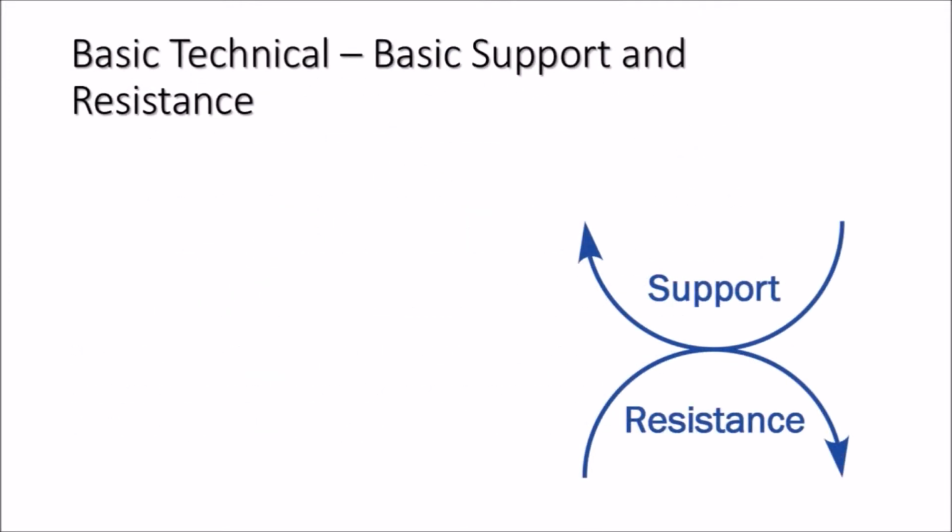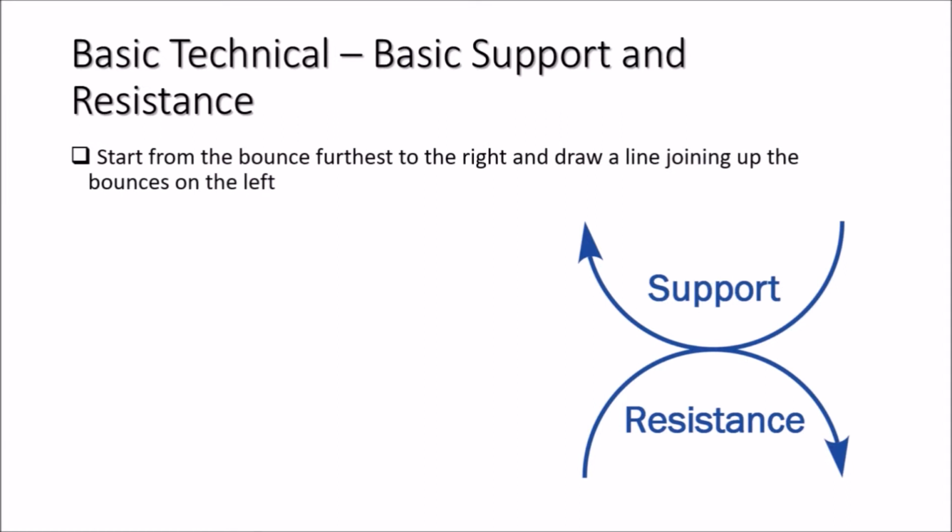Now you start to learn how to make a right support and resistance line in the market. Before we go into a real chart, these are some rules on making support and resistance lines. When you are studying a chart, start from the bounce furthest to the right and draw a line joining up to the bounces on the left. Normally, we can start from any side.